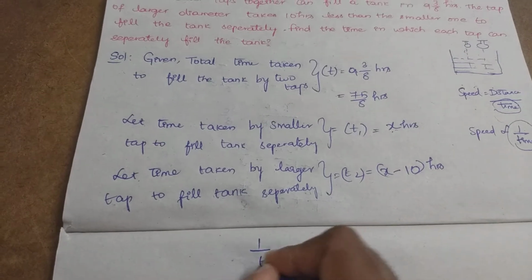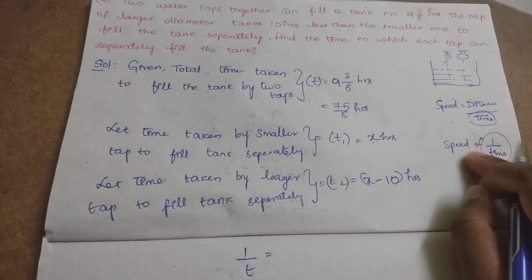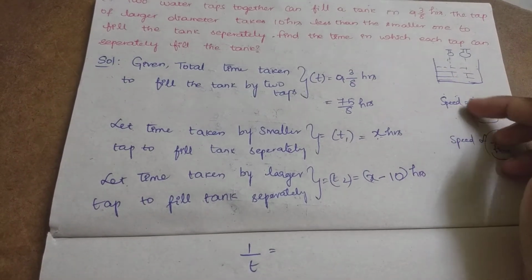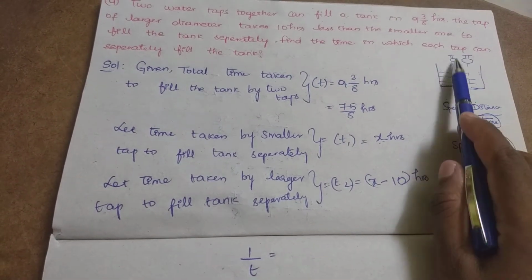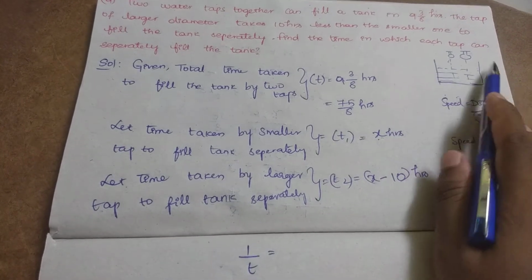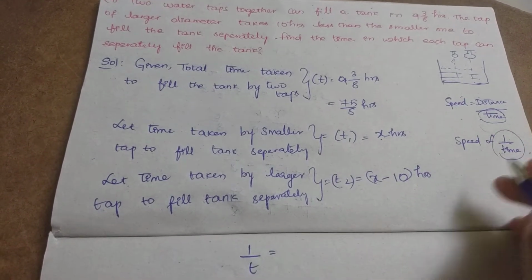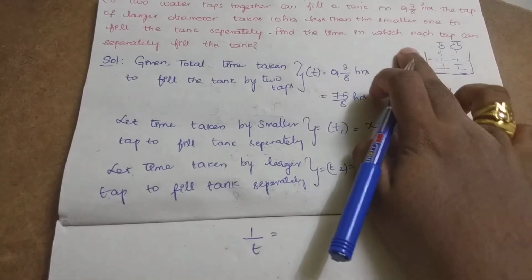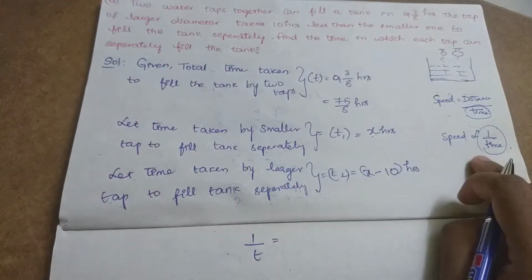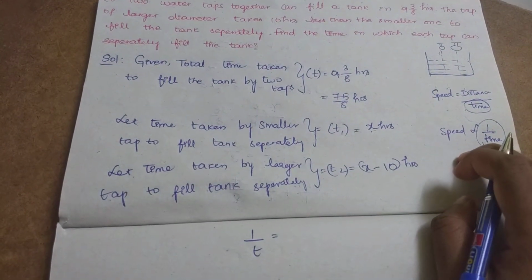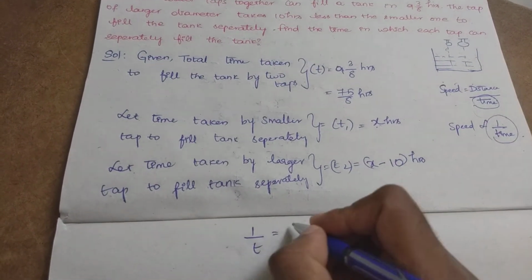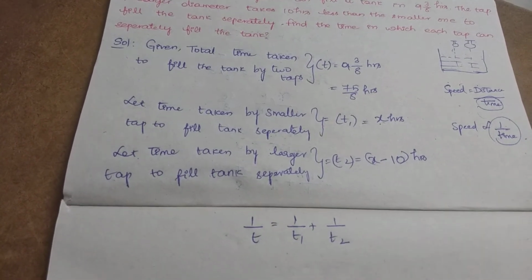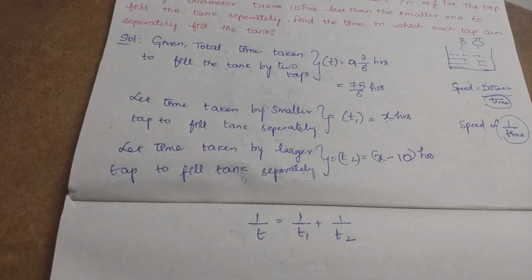We can write that 1 by t equals, speed for the taps to fill the tank equals the speed of the individual taps. Speed is not required. They asked us only to find the solution in terms of time, so based on the speed formula we are deriving the formula for the time. So 1 by t equals 1 by t1 plus 1 by t2.